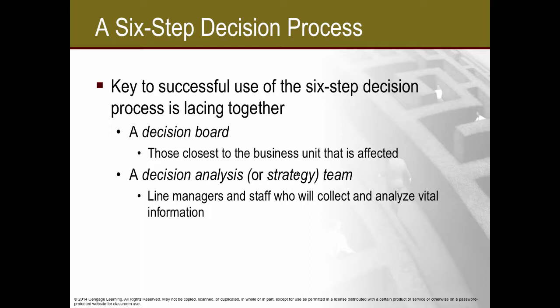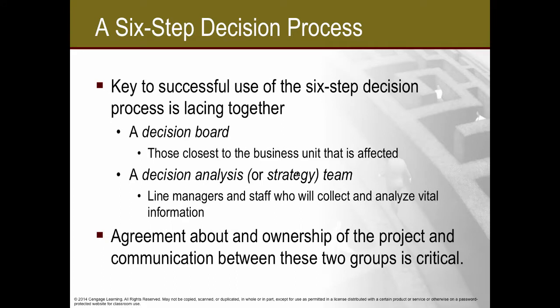These people are closest to the business unit that is affected, right? And the decision analysts are basically line managers and staff who collect and analyze important data and information. So these are more like analysts, more of us, and these are more like managers.